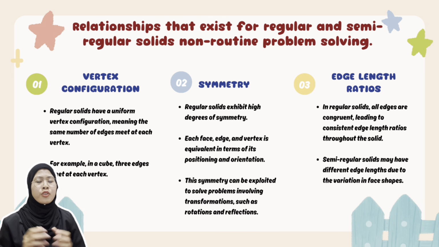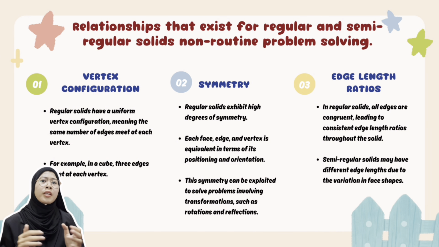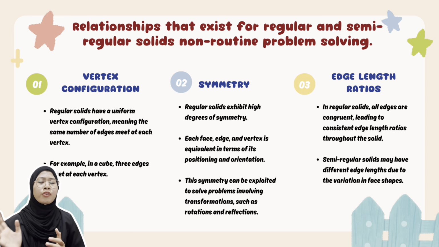Regular solids have uniform vertex configurations. Semi-regular solids also have consistent vertex configurations, but they may vary across different vertices within the same solid. Identifying and analyzing these configurations can be crucial in problem-solving scenarios.